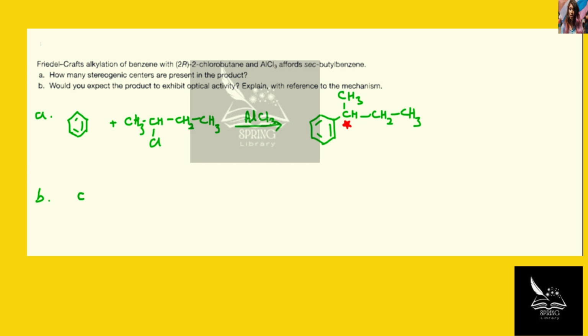So there should be one carbon here, and suppose one hydrogen is here, and one group should be below the plane, this methyl group, and one should be above the plane, the C2H5 ethyl group, and one should be chlorine.